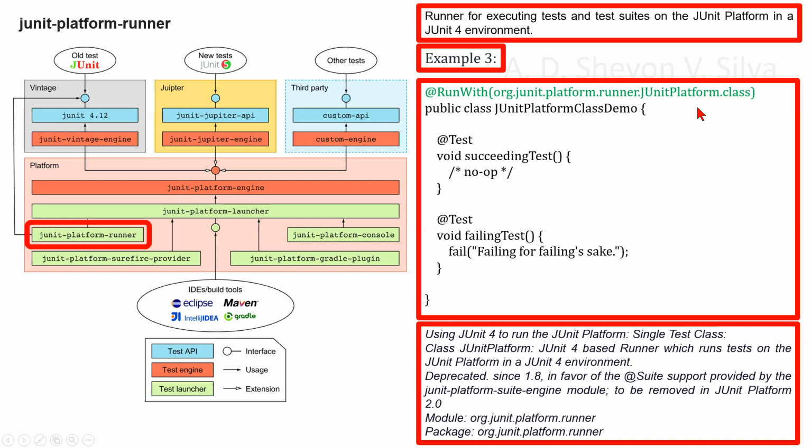Annotating the class with @RunWith(JUnitPlatform.class) allows it to be run with IDEs and build systems that support JUnit 4 but do not yet support the JUnit platform directly. Since the JUnit platform has features that JUnit 4 does not have, the runner is only able to support a subset of JUnit platform functionality, especially with regard to reporting.